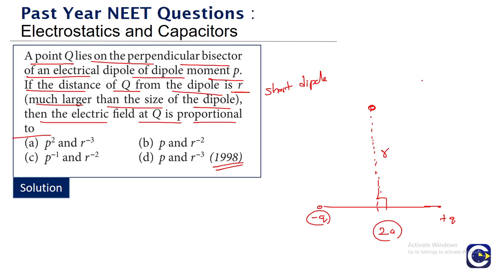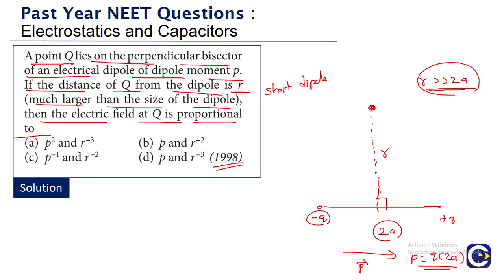The given thing is r is much larger than the length of the dipole. That's why here we are using the short dipole. So here the dipole moment will be from negative charge to positive charge direction, and the value of this will be equal to Q times 2a, the charge value into the length of the dipole. So this is the point where we have to find the electric field.